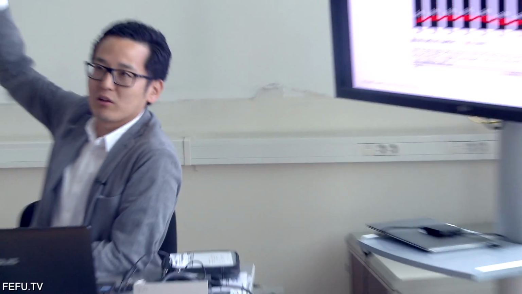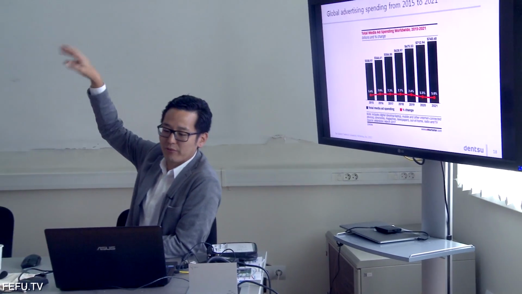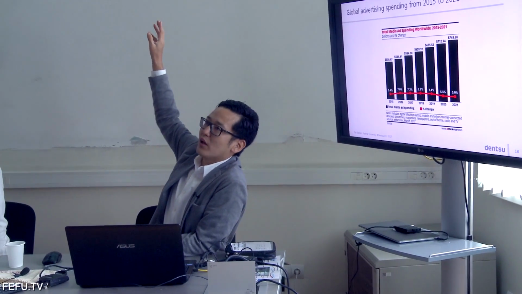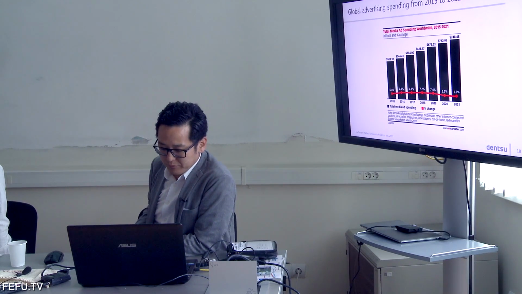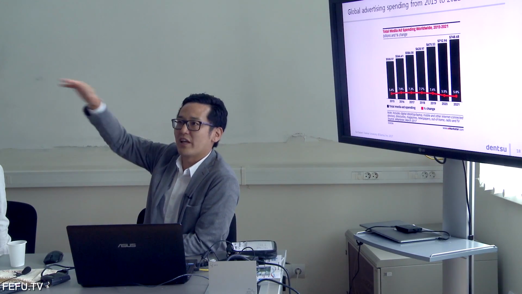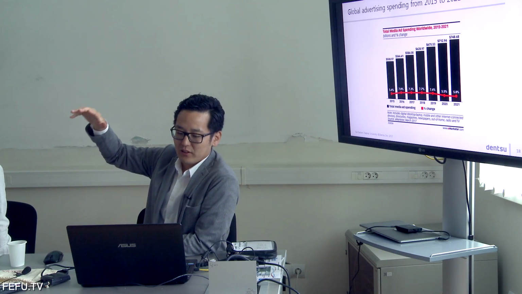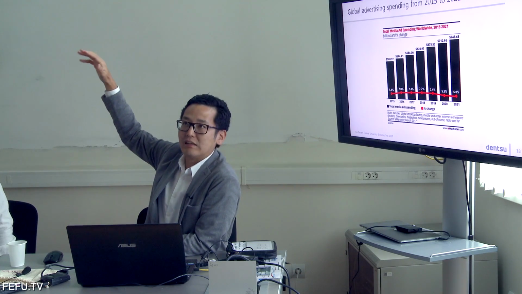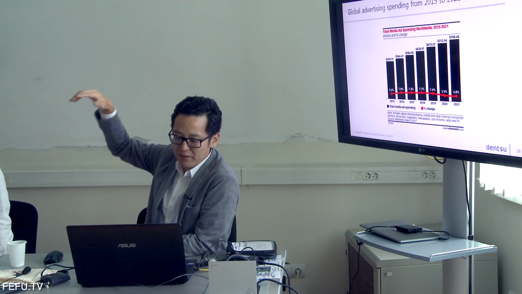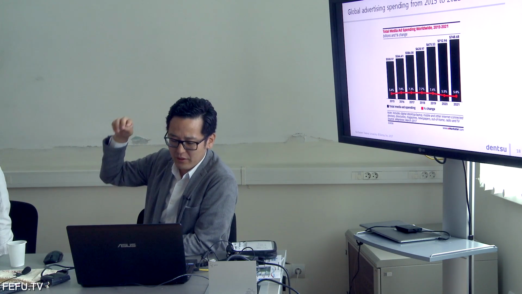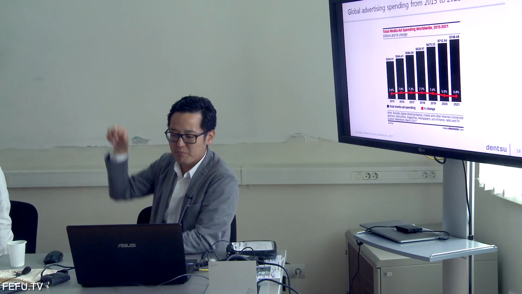Let's see. This is a graph that explains the global advertising spending from 2015 to 2021, which is a forecast a little bit. But as you can see, it has a constant raise of about 5%. So in 2016, last year, we had 545 billion in media spending.